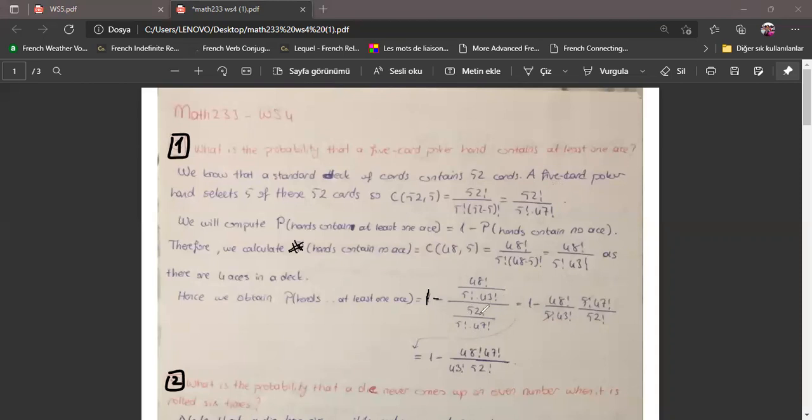Now we just simplify and get the result. It's not that important; you already know that. The important part is to compute this first, then subtract it from 1.